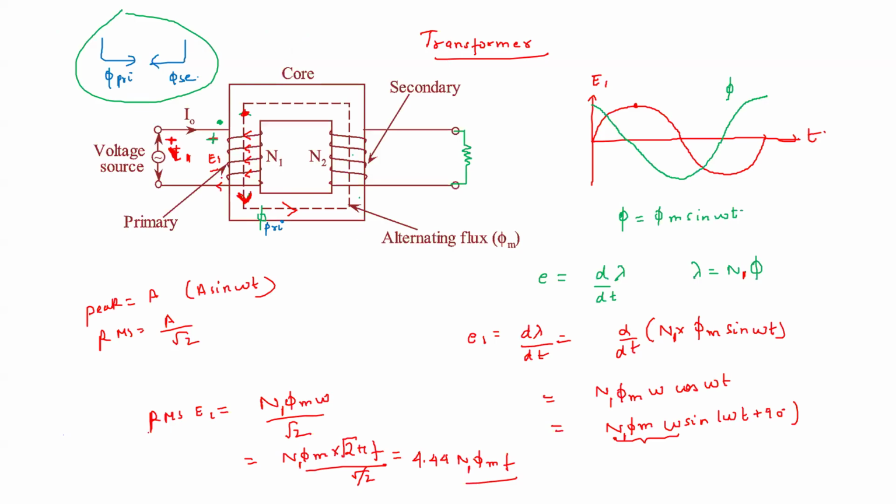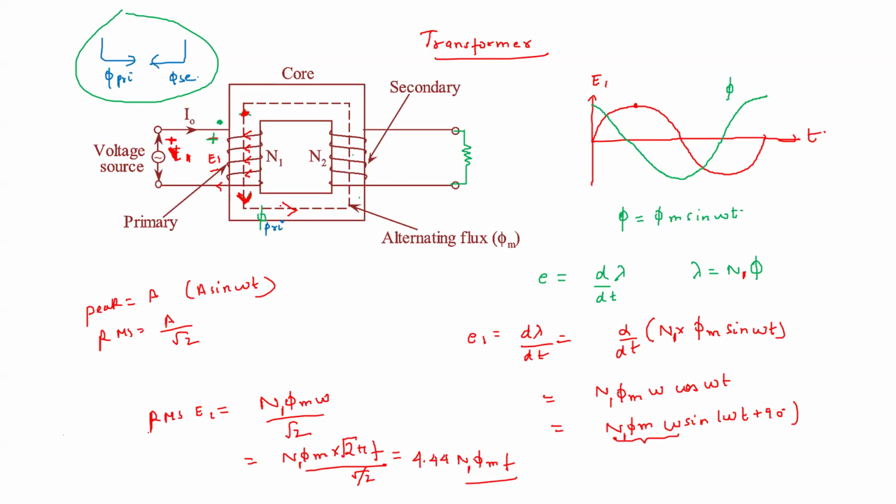It can just be converted from one form to another. Here, the amount of energy which we have applied will be consumed for inducing the EMF. That is why phi secondary is opposing phi primary, because it is trying to oppose the cause.